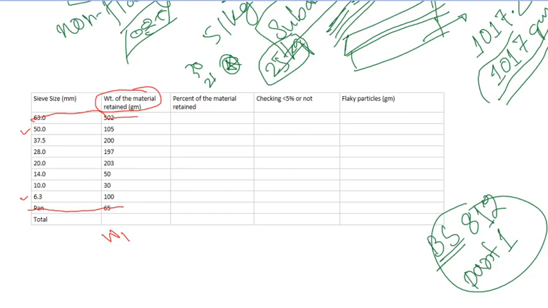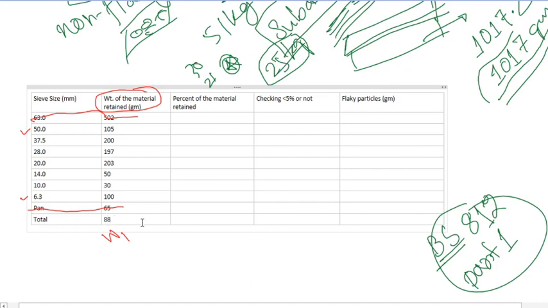Let's calculate: 105, 200, 197, 203, 50, 30, 100. The total is 885. Just for example, we have taken this 885, and with respect to it we will get the percent amounts.